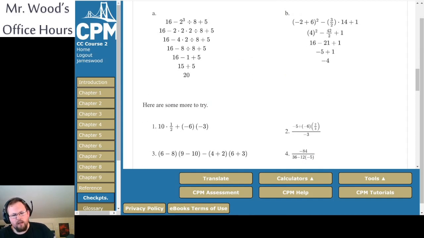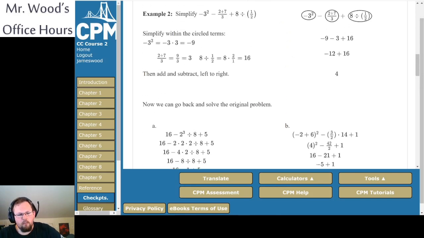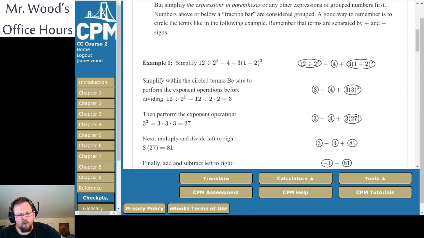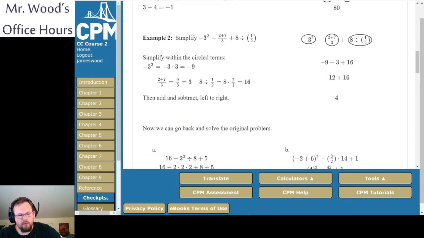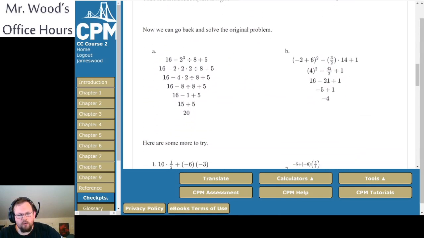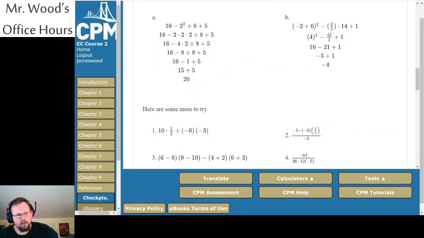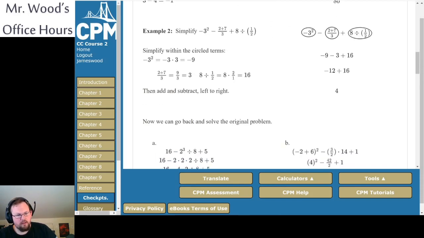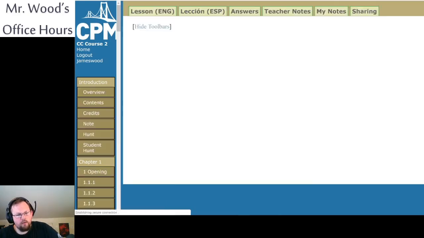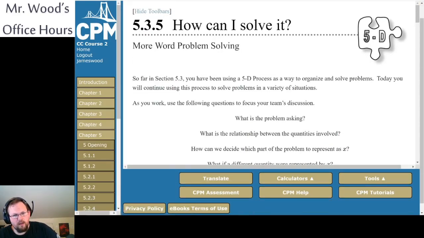I'm happy to go over that in step-by-step detail if you'd like, but it is in the book where they've got a couple of examples, and then they walk you through these two original problems that we had. You're welcome to go over these if you would like when you're using the ebook instead of just using the textbook, but I will walk you through what that looks like on my end.